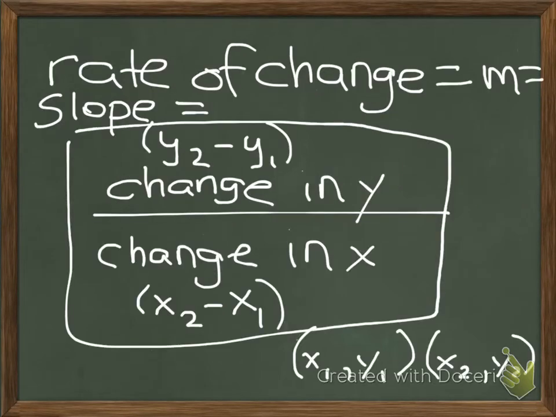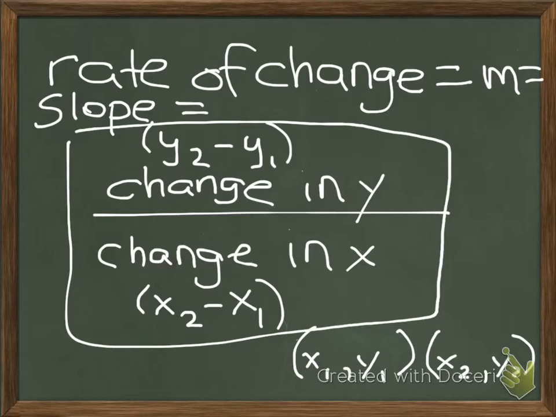So, rate of change, we also call it m, or slope, equals this ratio, which is called the change in y, or the rise, over the change in x, or the run. To find rate of change or slope, you would need 2 points from a line, or 2 ordered pairs, and you would take the x coordinates, and those would be subtracted in the denominator.